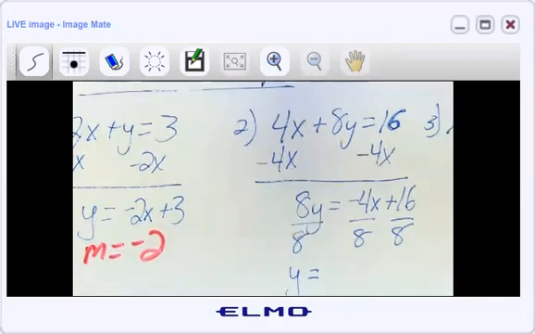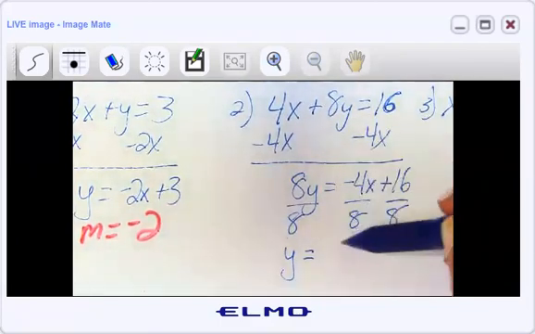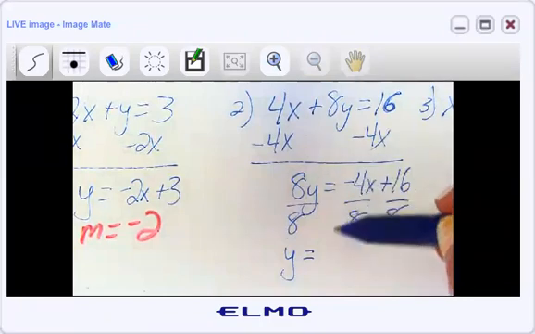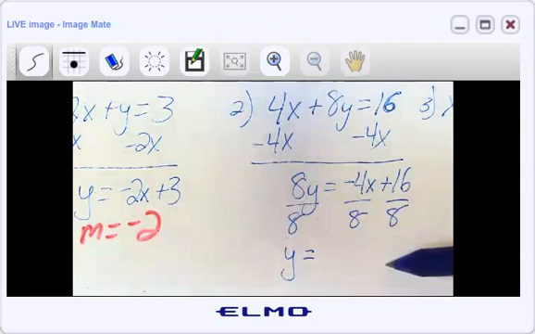And be careful. Can anybody tell me this chunk right here, this negative 4x over 8, how do you rewrite that? What's this going to become down here? Anybody remember what to do here? We kind of want to write it a certain way. It becomes negative 1/2 x. Yes.